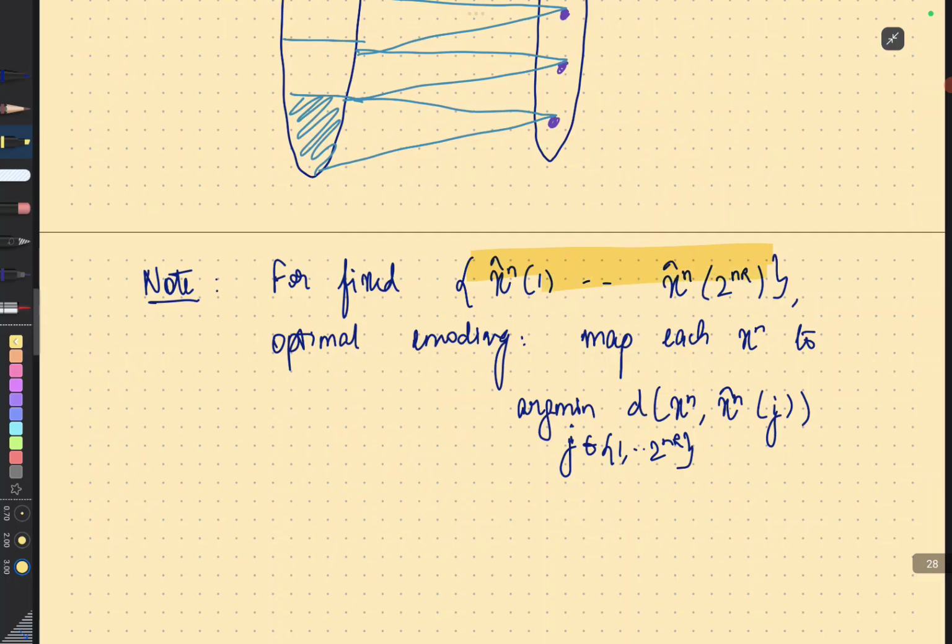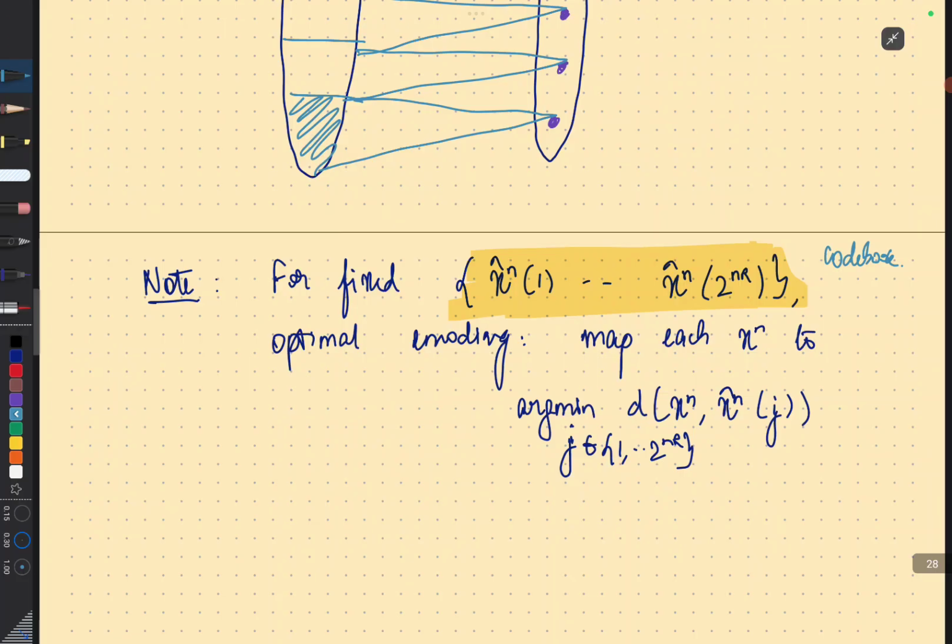So this quantity, the set of all possible reconstruction points that we have, we'll call this the code book. All right.